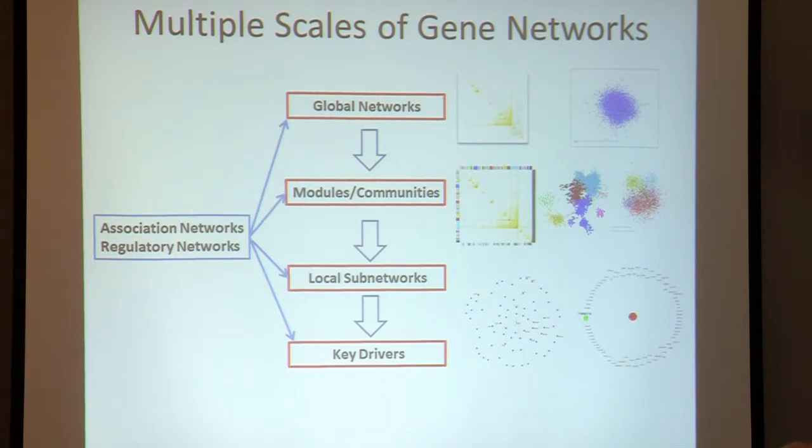So this is a figure I showed earlier. So we have the co-expression networks. You derive modules, either overlapping modules or non-overlapping modules, and you have a causal network. And when you project those modules onto the basic network, and then through the key driver analysis, you can derive a simplified subnetwork. Okay.